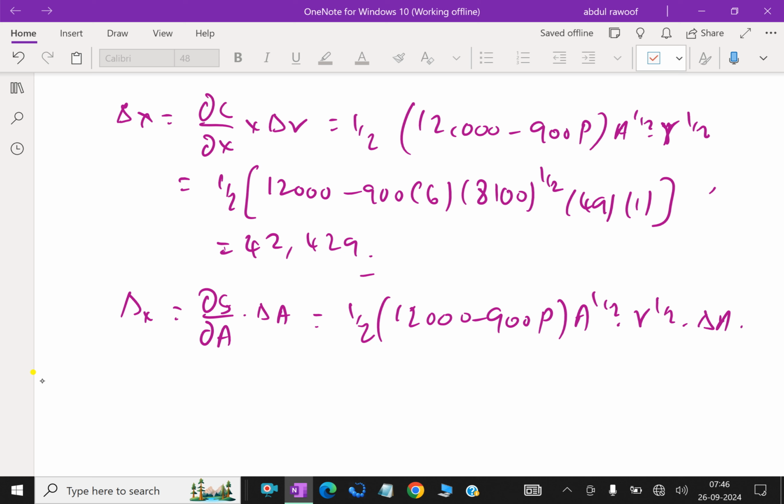By using these values, we get finally 2.566, that is about 0.6.